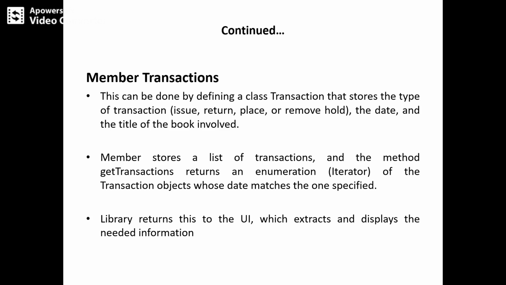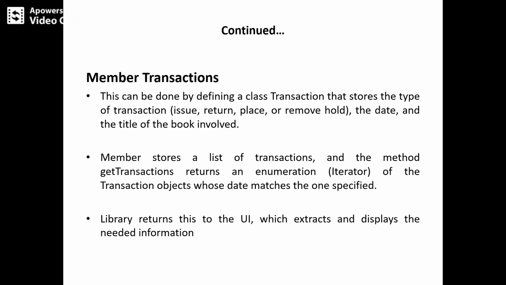So similarly, the rules and regulations governed by this library management system are what we need to take in the member transaction details. The member stores the list of transactions, and we are going to use the getTransaction method, which always returns an enumeration. Enumeration indicates an iteration over all the details of the transaction, that is, the transaction objects whose data matches the one specified.